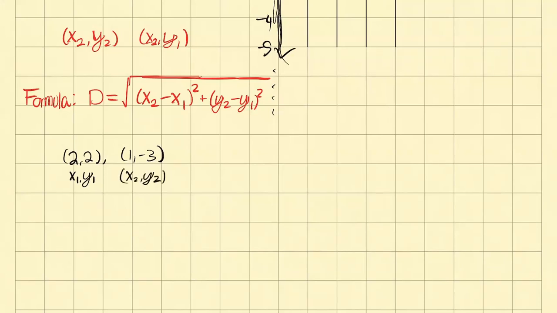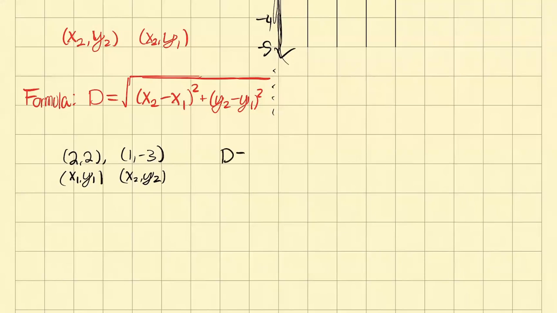I could switch this and call this x2, y2, and this x1, y1. It doesn't matter how I labeled them originally, so long as I keep them in the correct little packet of numbers. If I accidentally put x1 here and y1 here, you're going to get a different value. It needs to be x2 and x1 and y2 and y1.